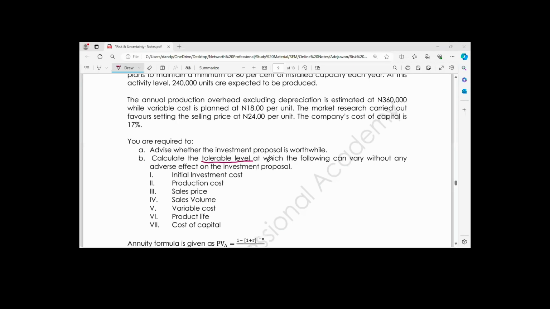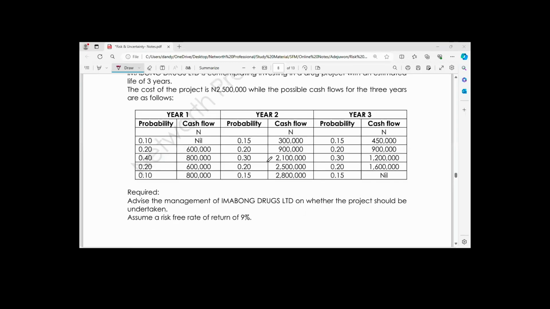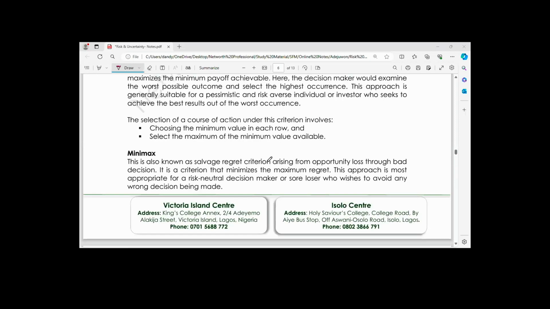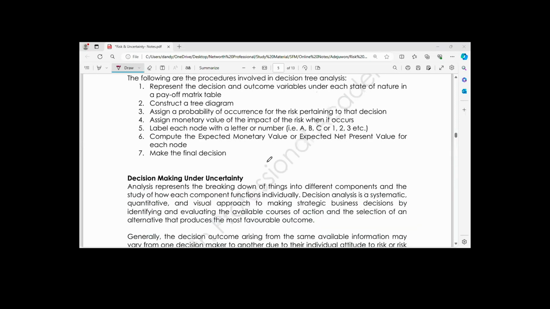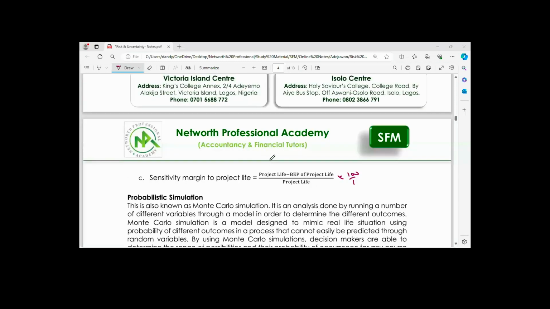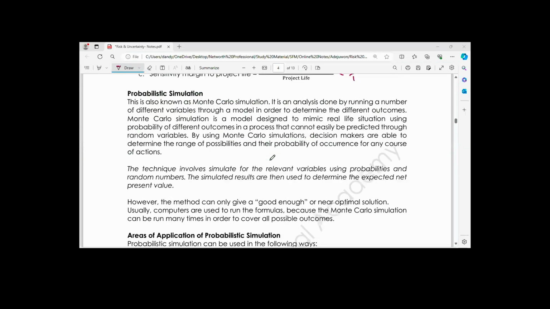So let's talk about simulation. Okay. So simulation is also known as probabilistic simulation.